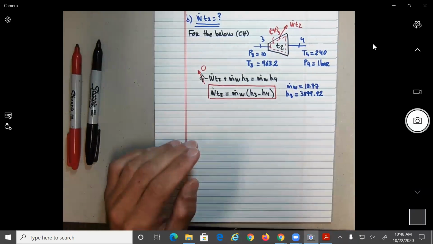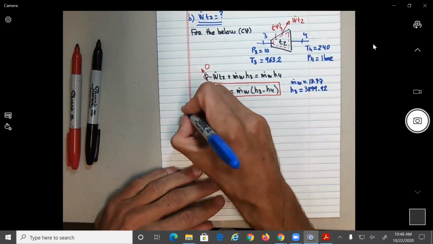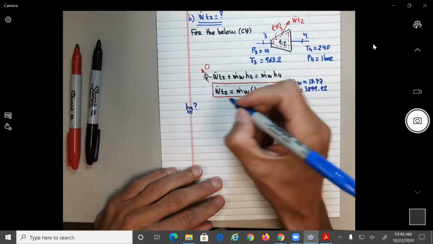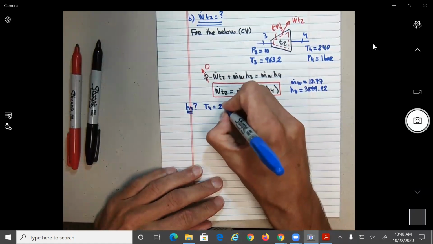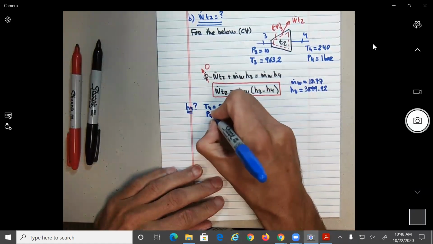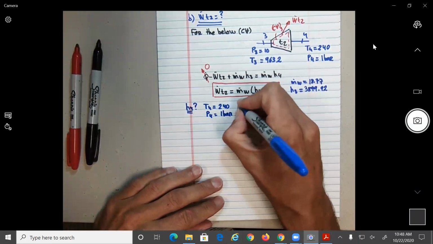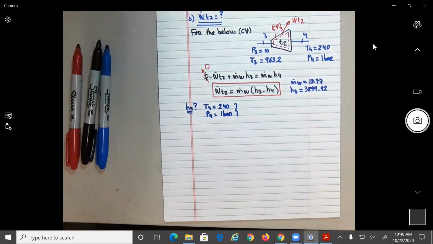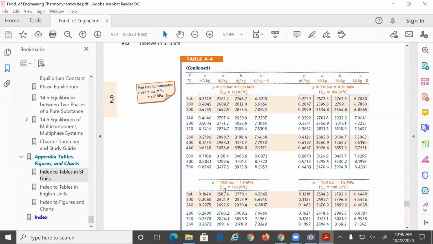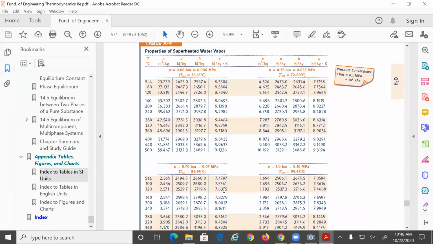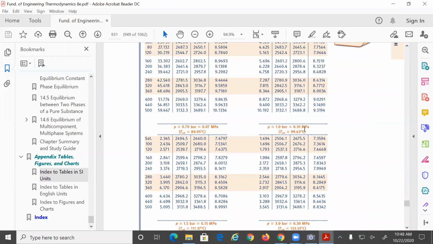Okay, and we need to find H4, which should not be difficult because we know T4 equal to 240 and P4 equal to 1 bar. So again, we need to go to the tables. We can probably find the state here, 1 bar. What is the saturation temperature? 99.63, no? So really we know that it's superheated, correct?